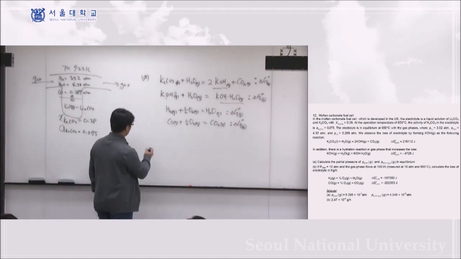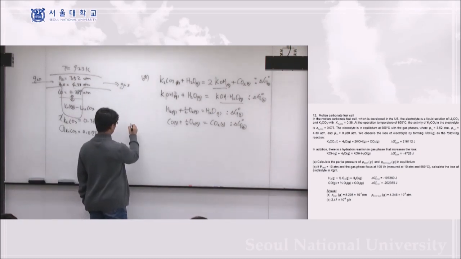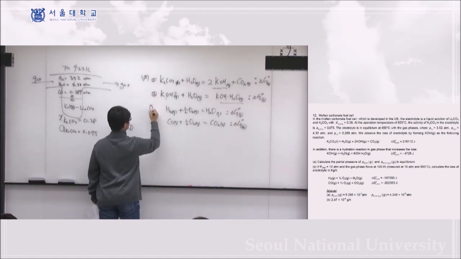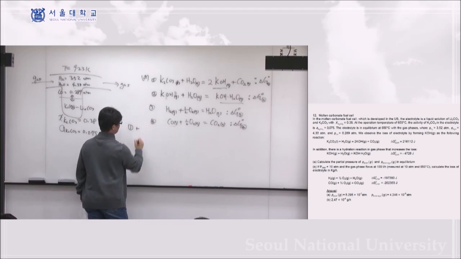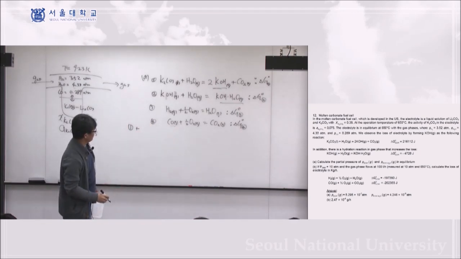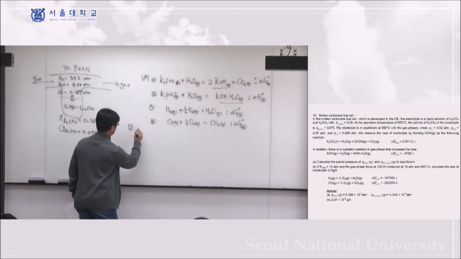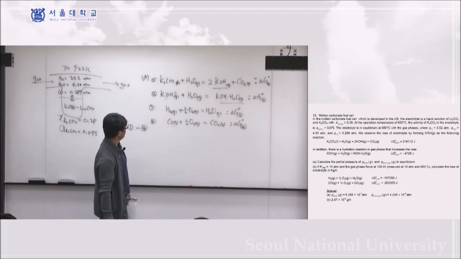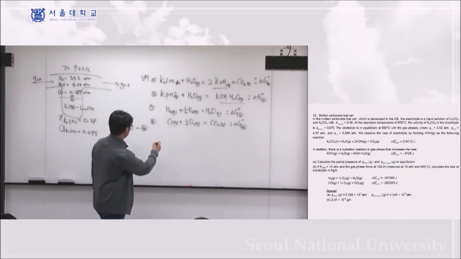So I'll take reaction number 1 plus, for example, reaction number 1 minus number 4. Then I can eliminate the CO2, and CO and oxygen are over there, plus reaction number 3.